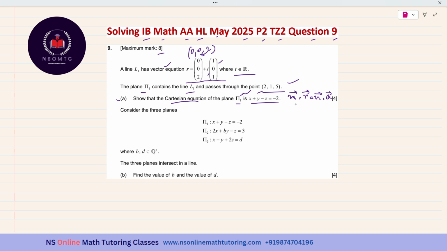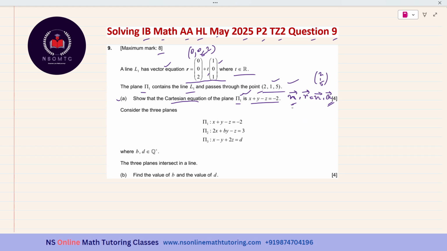Therefore, the first thing we have to know is the normal vector, because we know the position vector. Since we know the coordinates of this point in plane pi 1, the position vector of this point will be (2, 1, 5). So this part is known to us. We have to find the normal vector. How to find it?